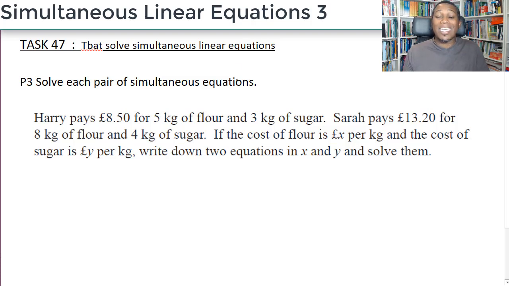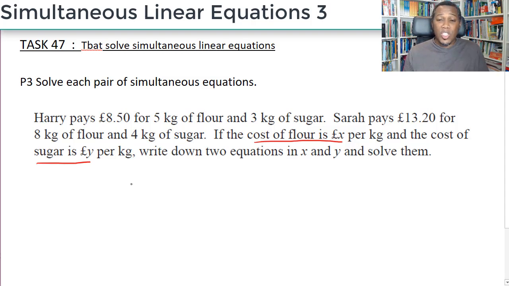All right, before I get the answer, we'll put together what the equation should be, where you think you're sorted. You ready? Cost of flour is X. We were told what the variables would be, and the cost of sugar is Y. Cost per kilo, really important.